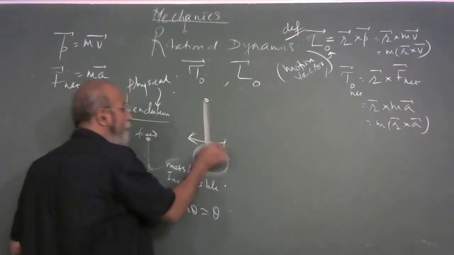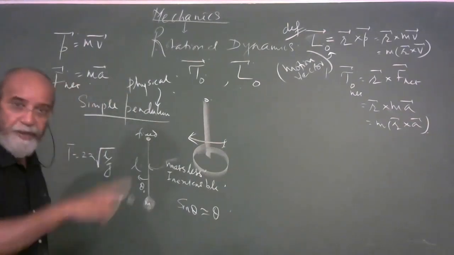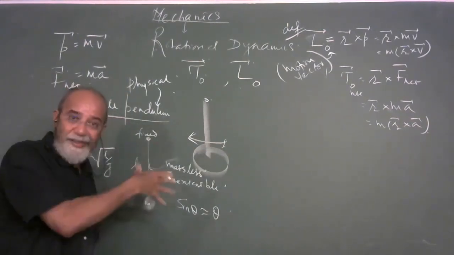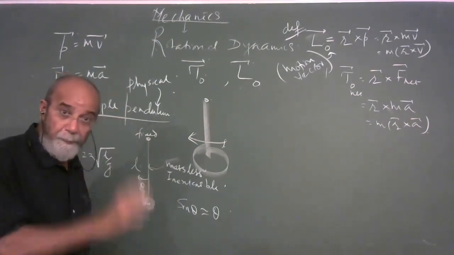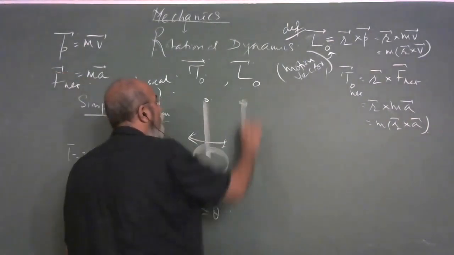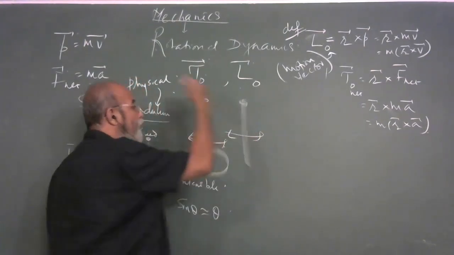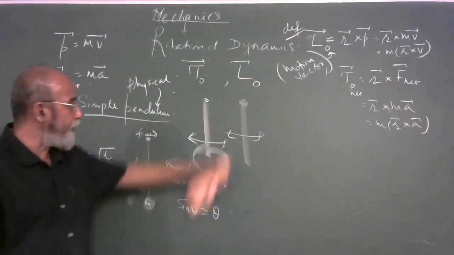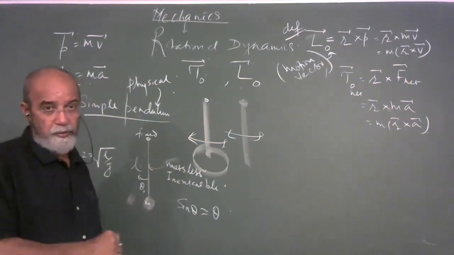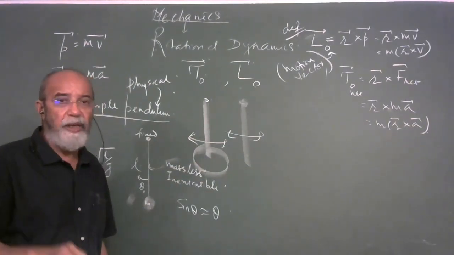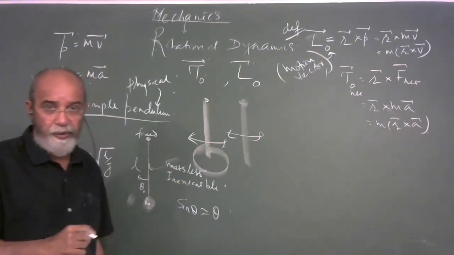Your grandpa's clock, which has that big pendulum, is a physical pendulum. A simple stick is a physical pendulum because it has a mass distribution. All pendulums in real life are physical pendulums.